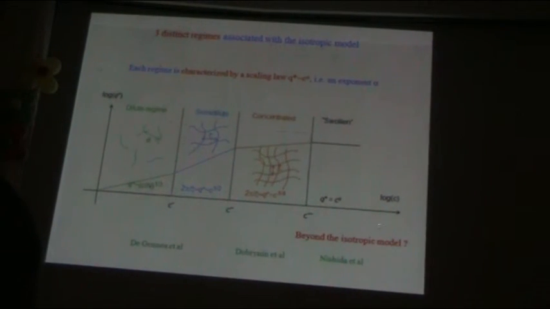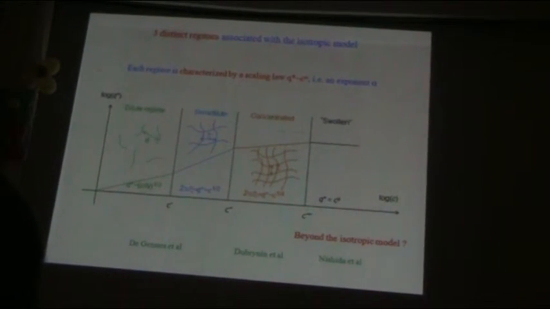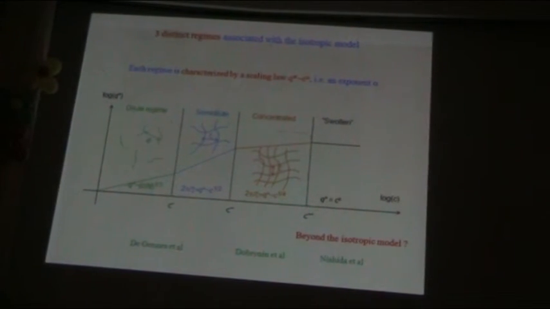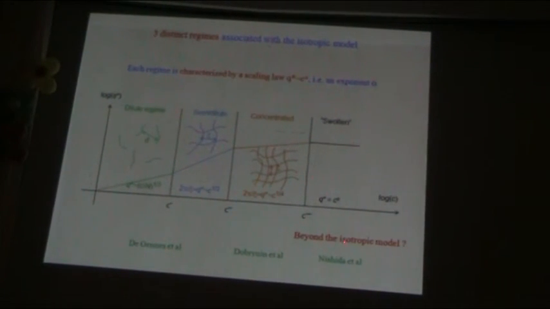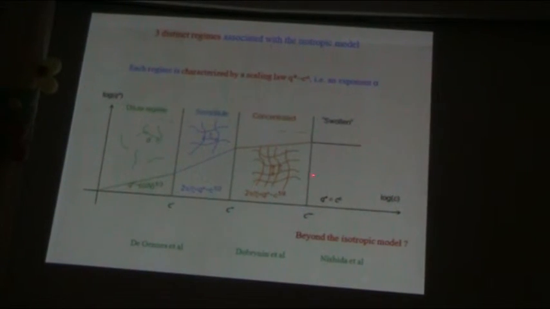In this case, the thermal blob, the electrostatic blob, corresponds to a certain concentration. You can assume that the macromolecule is almost Gaussian. Each regime is characterized by a scaling law. It's very simple: you have an exponent which characterizes the regime.